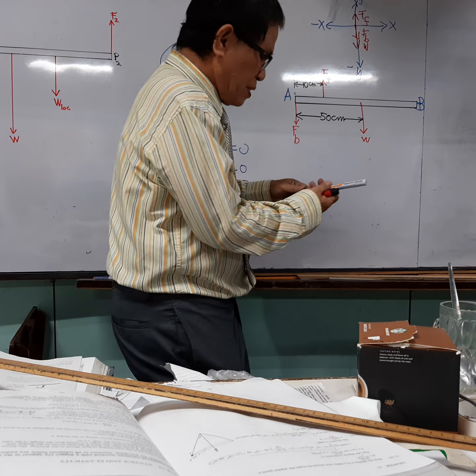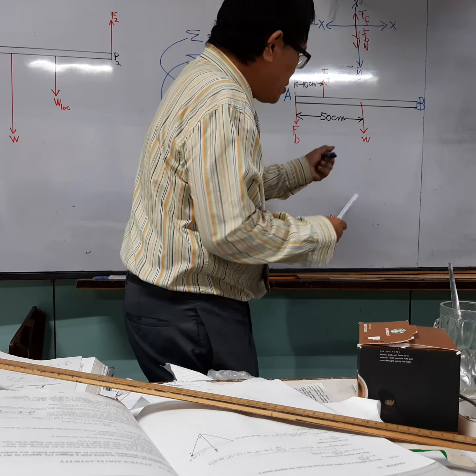So we will consider, let's say, this one is our F1, this one is our F2, this one is our F3. So there are three forces acting. Force due to the weight, force due to the back portion of the hand, force due to the front edge of the hand.